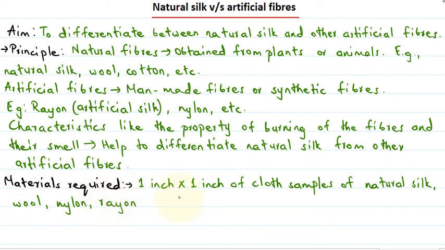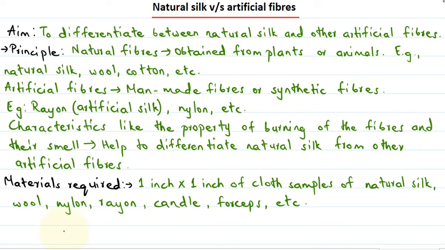So these are the cloth samples that we would need. We would need a candle, we would need forceps, etc. So these are the materials that we would need for this experiment.